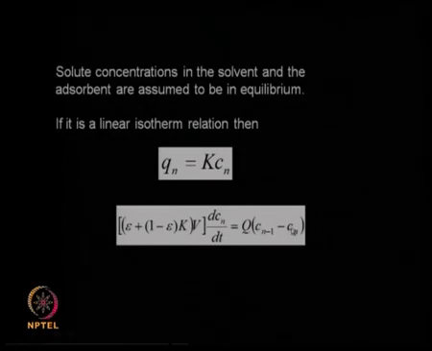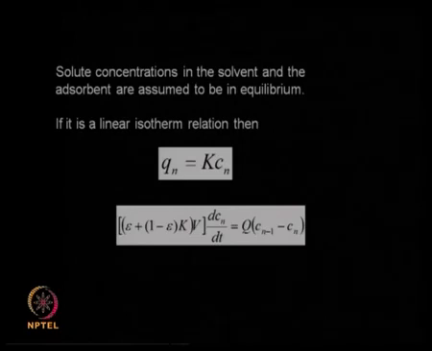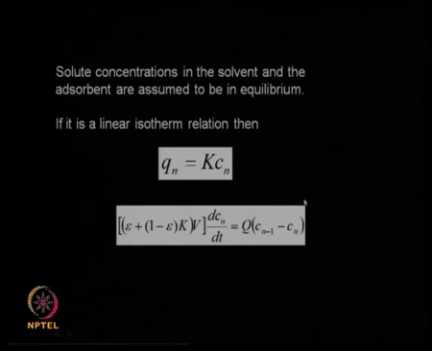Inside stage 1 this will be C1 and this will be the feed concentration. Inside stage 2 this will be C2, this will become C1. Inside stage 3 this will become C3, this will become C2, this will become dC3 by dt, and so on. So for the first stage, Cn minus 1 will be Cf, the feed concentration. This is differential part, this is difference part.